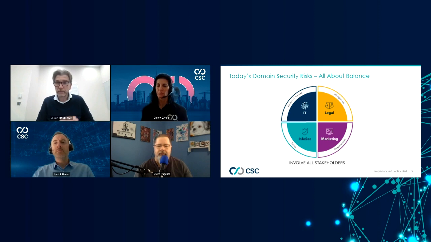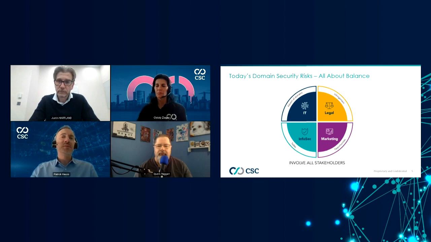We need to remember that we have a huge piece of regulation appearing, especially here in Europe. NIS2 being one of them. NIS2 is about basically the integrity of the internet.